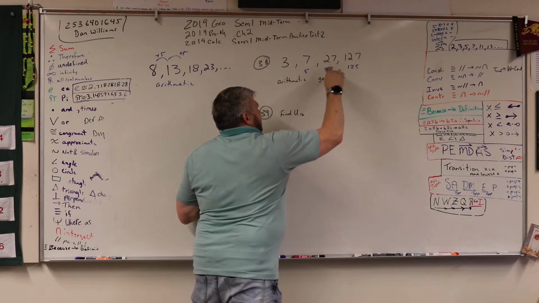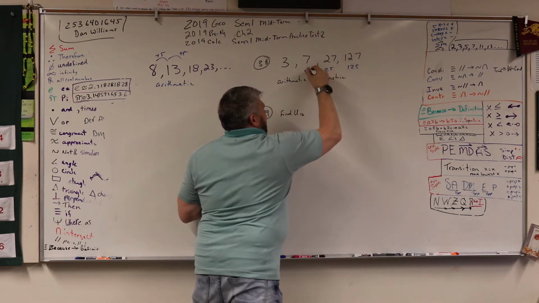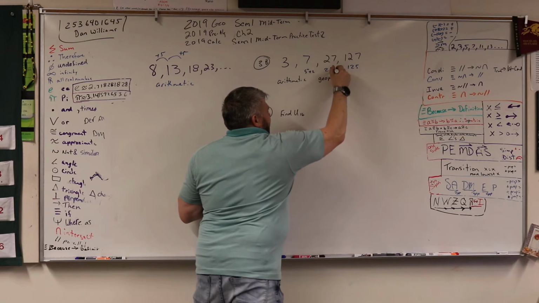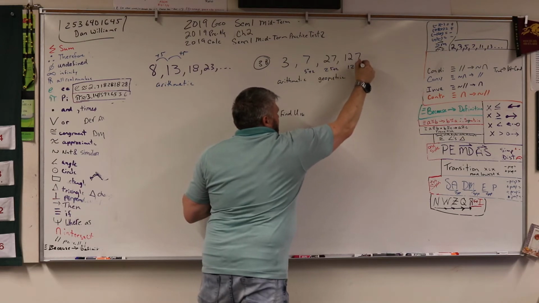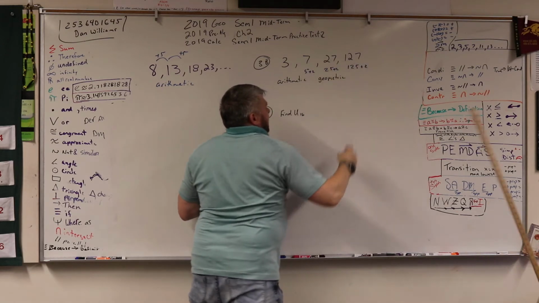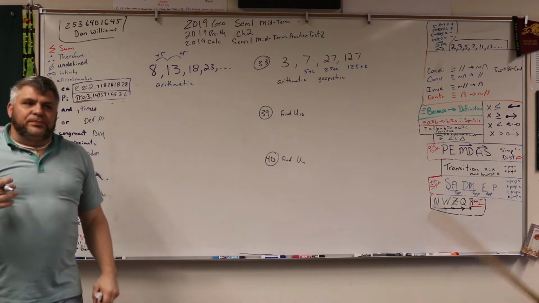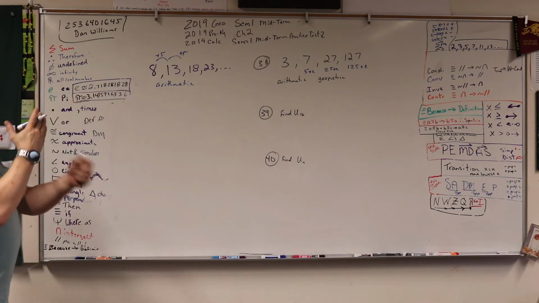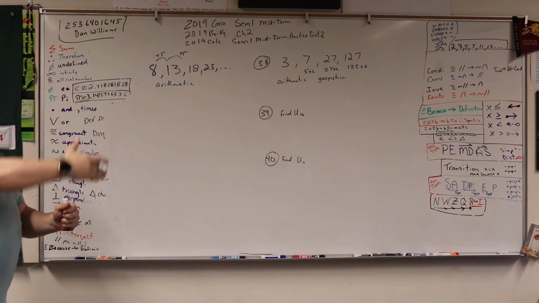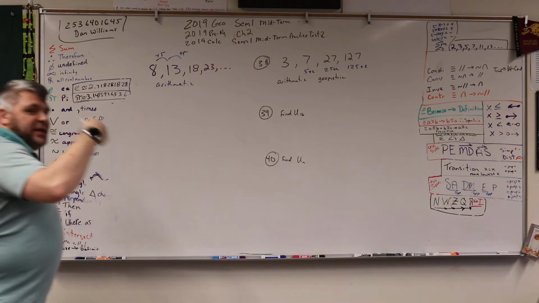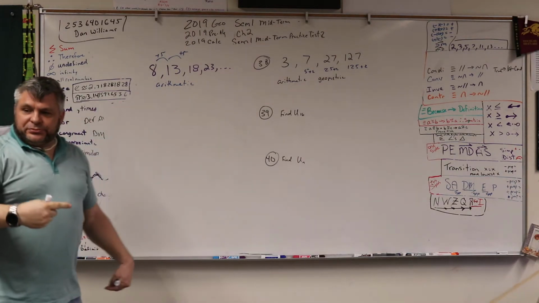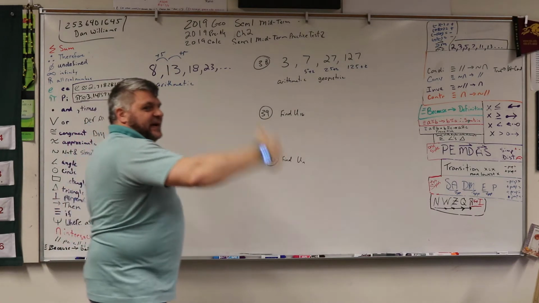So if it goes 5, 25, 125, then it's really 5 times 5 times 5. So to get to the next number, I'm going to multiply it by 5.